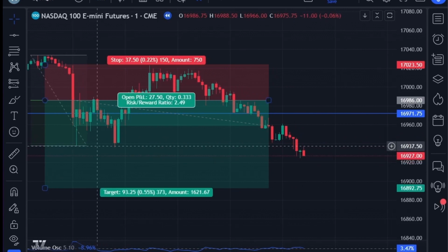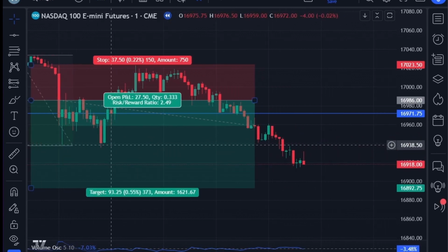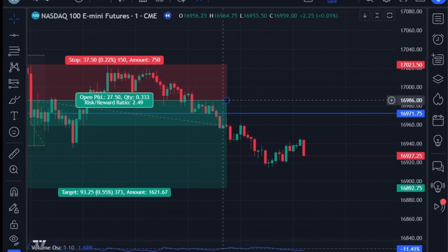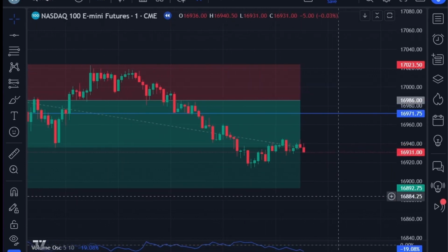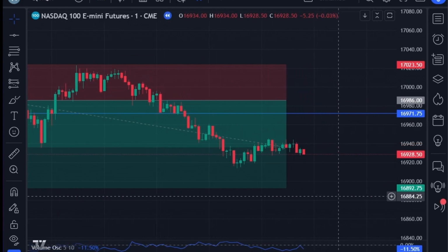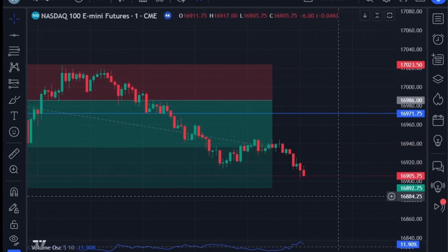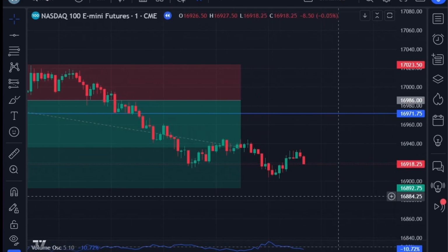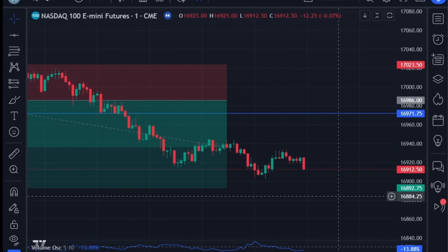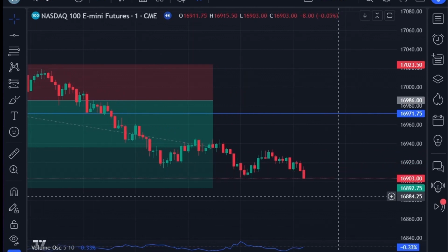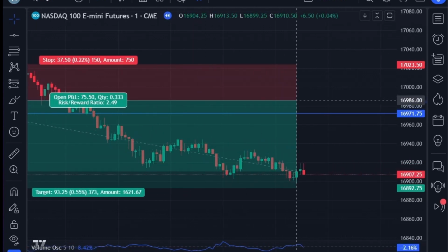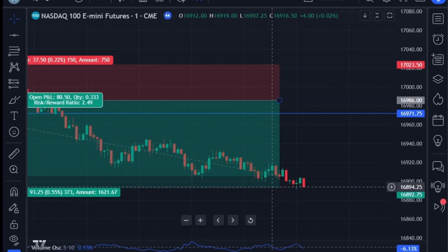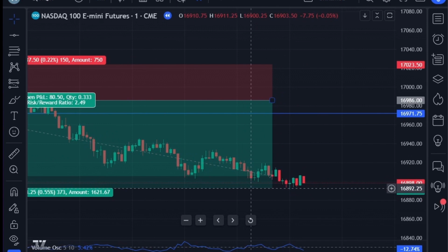Take profit one is hit. It takes a bit of time, but eventually we hit take profit number 2.